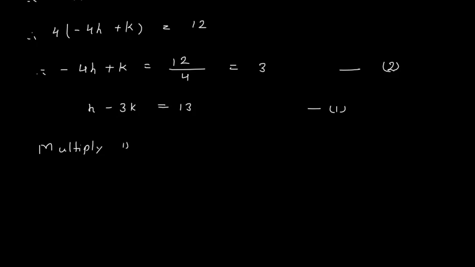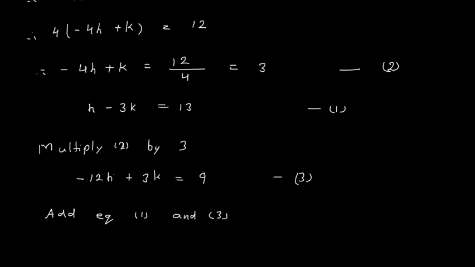So we will get minus 12h plus 3k equal to 9. This is equation 3. Now I will add equation 1 and equation 3.